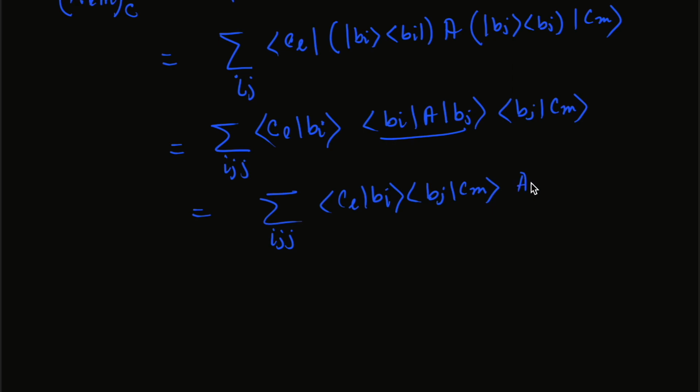This will be a_ij in B representation, in the B basis.